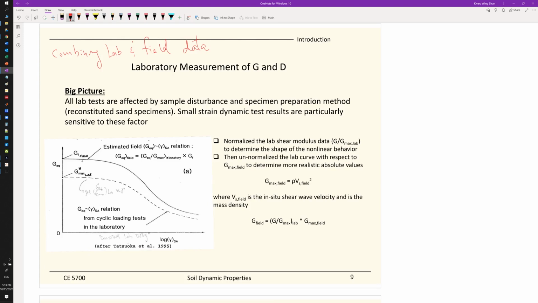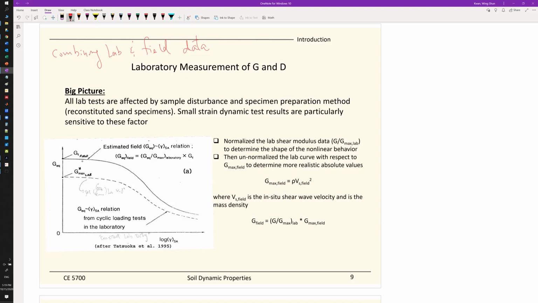So you can normalize the curve, and then after that, you multiply that by the field measured Gmax. So pretty much you correct the curve with the field data. You bring up the curve that has the soil disturbance that you may have. That way, you can correct the data.